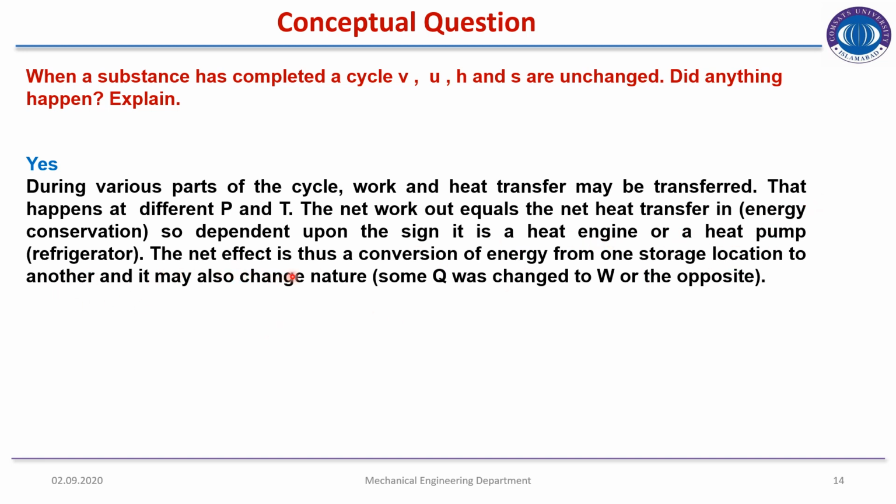The net effect is thus a conversion of energy from one storage location to another, and it may also change its nature. Some Q, or heat transfer, was changed to W, or work done, or the opposite.